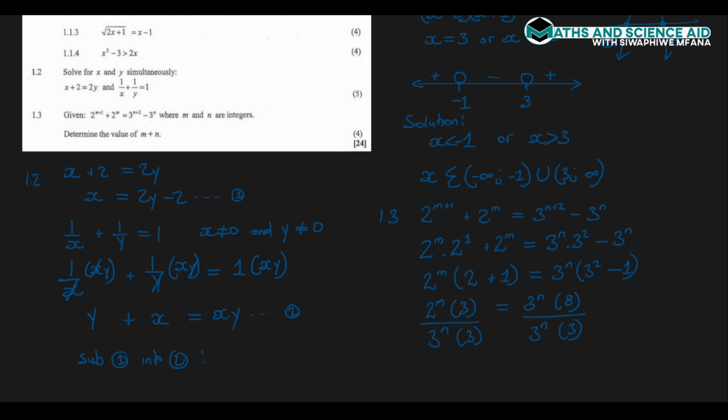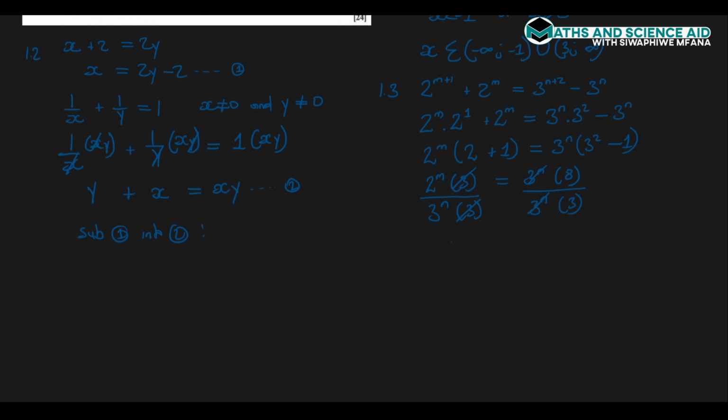What is this going to do? This is going to eliminate 3 on this side, and this will eliminate 3 to the power of n on that side, meaning that we are only left with 2 to the power of m over 3 to the power of n is equal to 8 over 3.